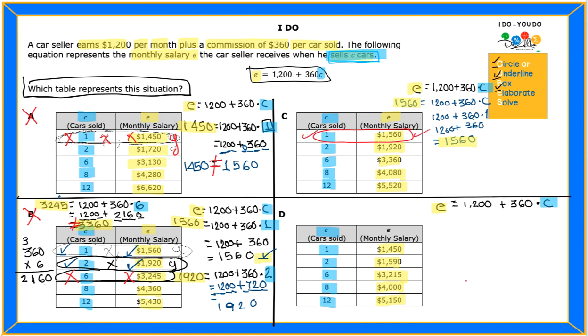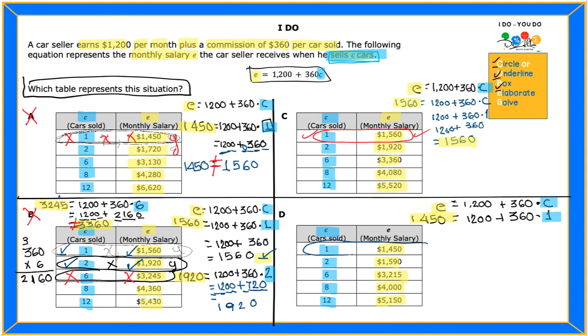And I'm going to try the next one down here. Hopefully, if this one doesn't work in the first row, that means I can eliminate this choice, right? Okay, so let's do it. The first value of E is 1,450. And now you see that it's not working, right? Because then we already know that 1,200 plus 360 times 1, which is the first value we got in the table. We always have to use the first pair of values that we have.